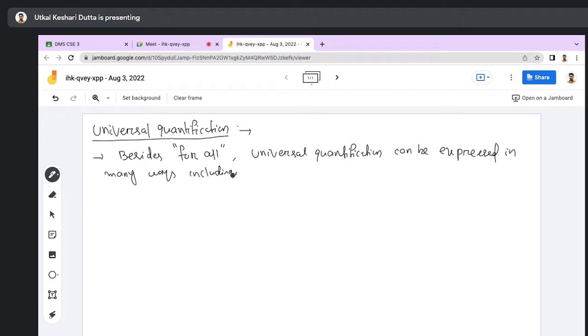This includes for every. Instead of using for all, one can use for every, all of, that is the same meaning, all of. You can use for each, the same meaning. You can use given any. You can also use for arbitrary.